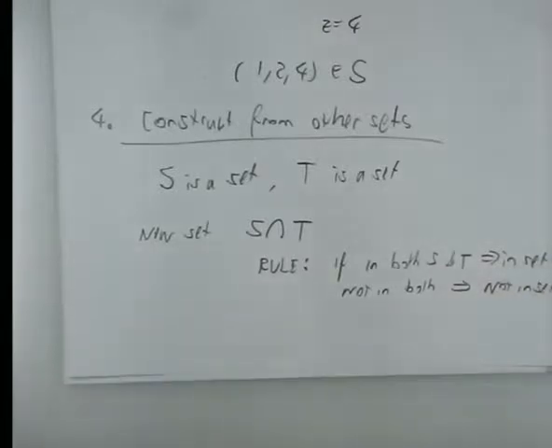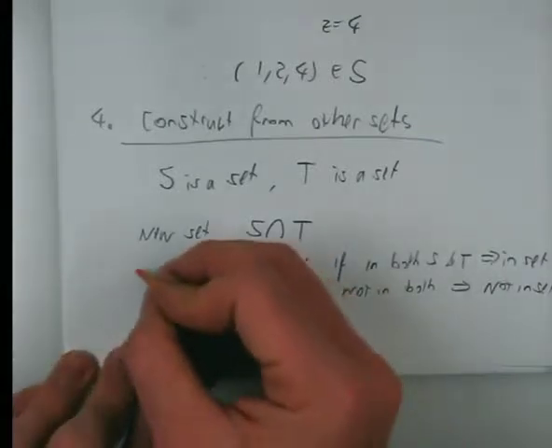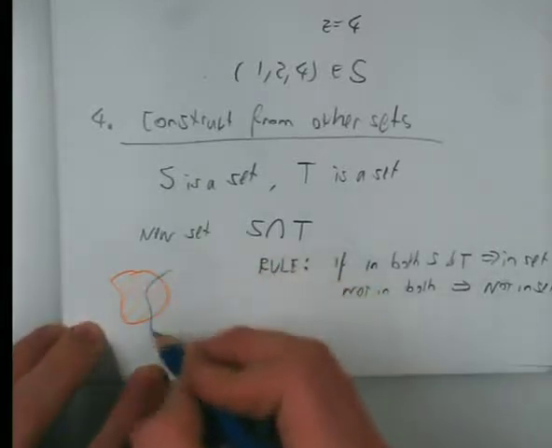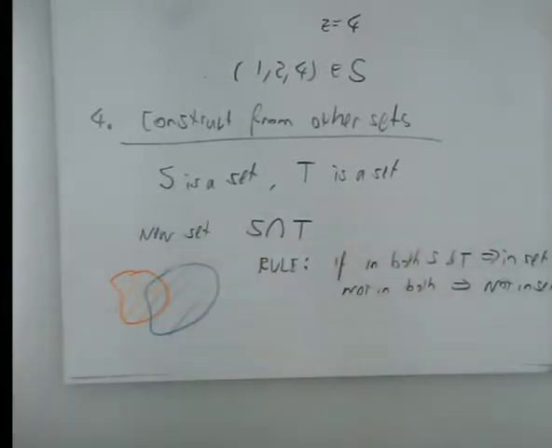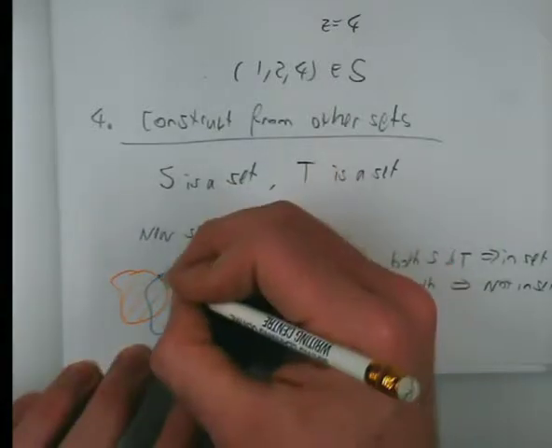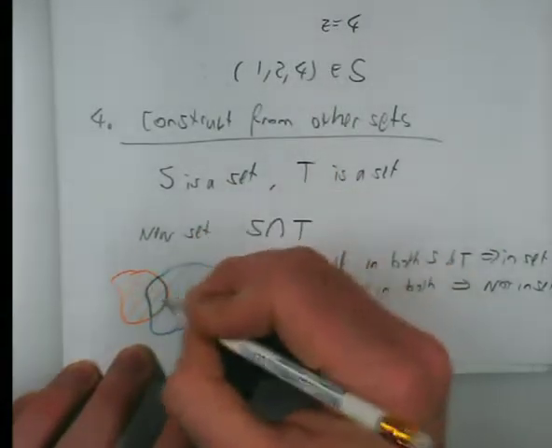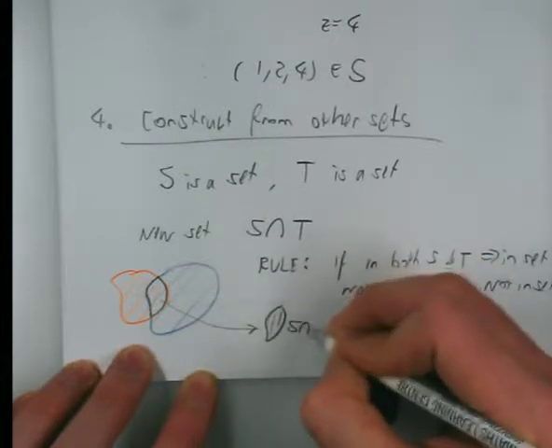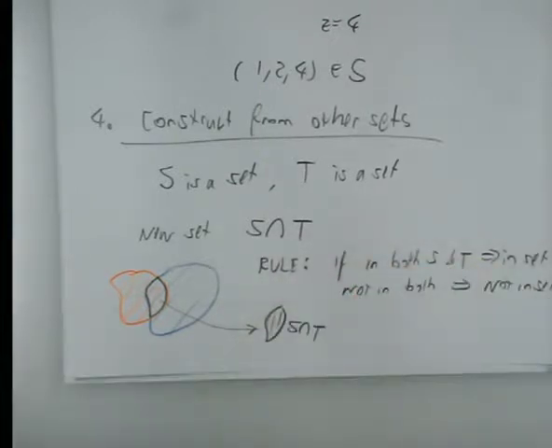Okay, the classic picture is a Venn diagram that sort of goes like this. You've got your S and you've got your T, and this bit right in the middle here, that's S intersection T. Okay, the bit that they share.